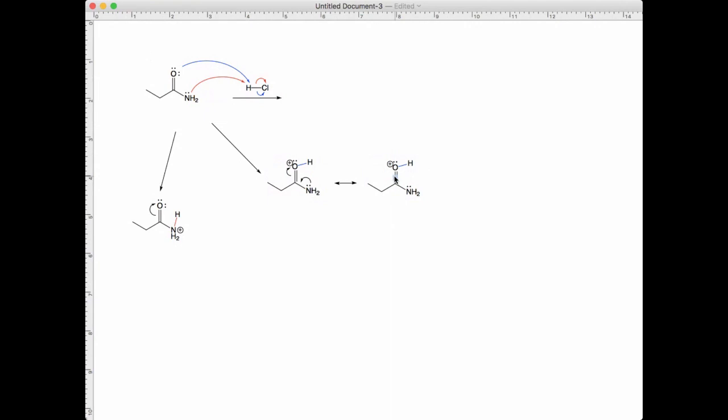So this will lead to a double bond here, and then now the nitrogen is going to be positively charged, and then clearly the oxygen is not going to be positively charged anymore because it will have now two bonds.